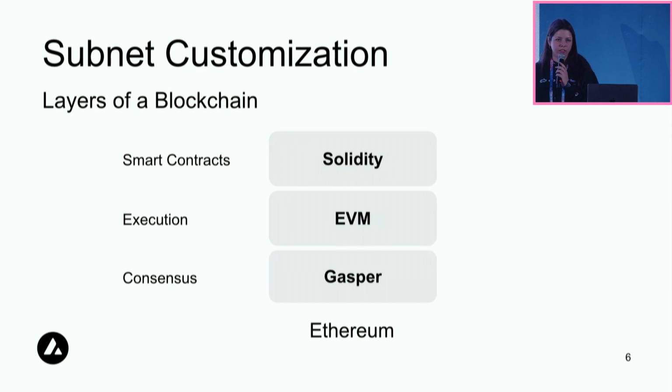The consensus level makes sure every node has the same execution steps, so we all have the same state. And at the very top, we have the Solidity or application layer, where you deploy as a developer. You mainly interact with this layer, but you can also interact with the different layers behind it.